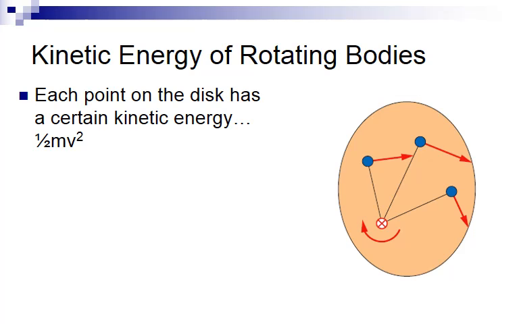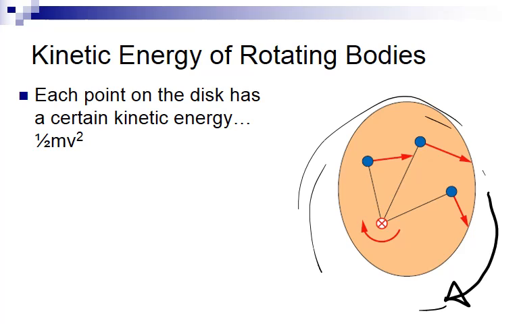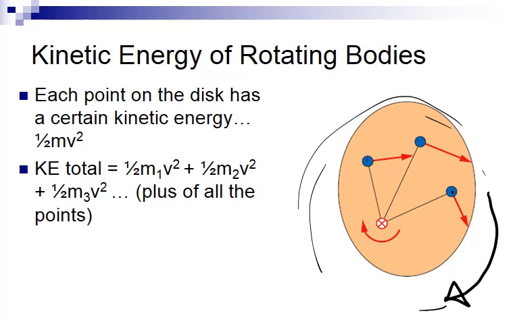So every single point on the disk has a certain kinetic energy if you think about it, right? If this irregularly shaped object is looping around, each of these points here has a certain amount of mass. Every point there has a certain velocity to it. Therefore, each point has a certain amount of kinetic energy.